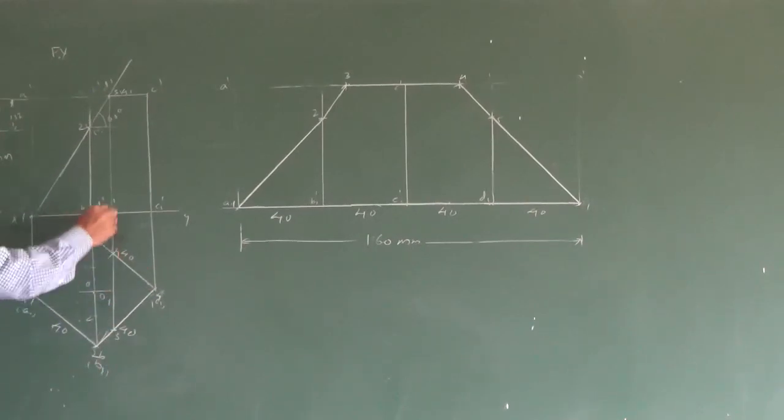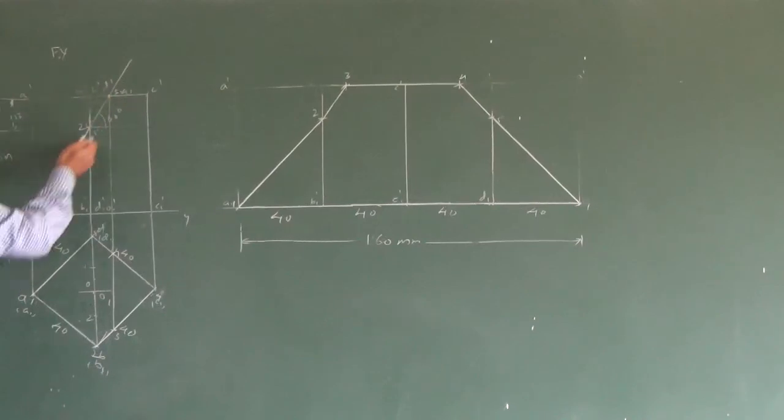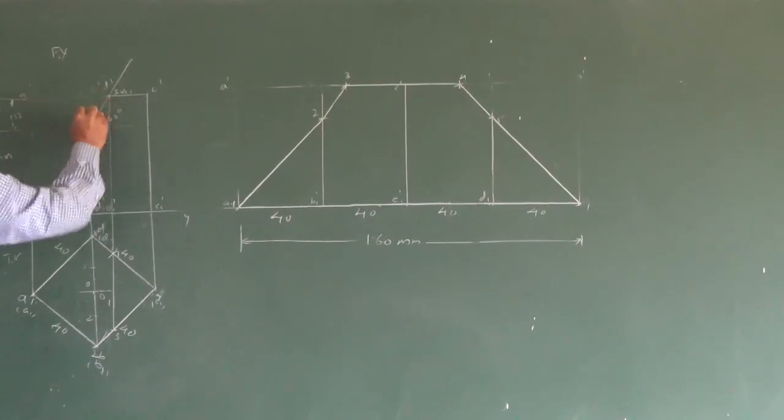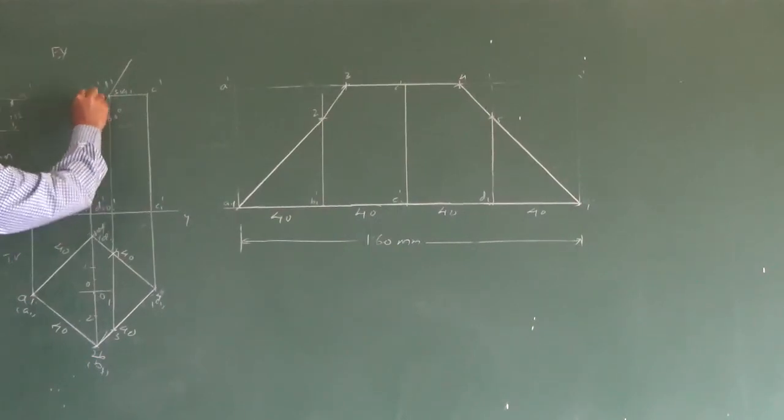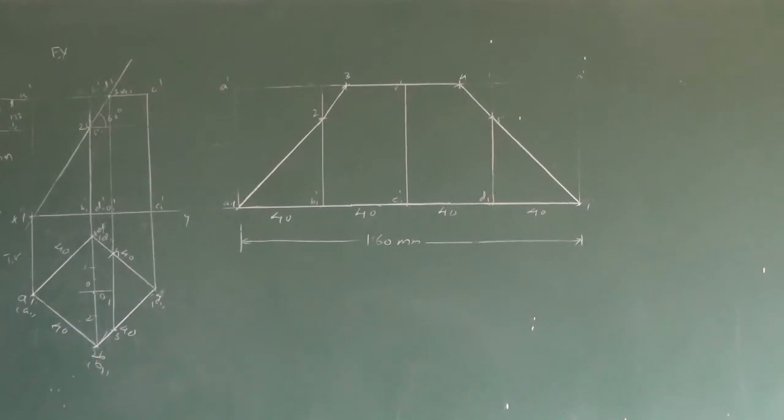So all the base edges are making equal inclination with respect to VP. It is resting on HP and it is having a cut section which is passing through the center axis 15 mm away from the top surface and making inclination with respect to HP by 60 degrees.